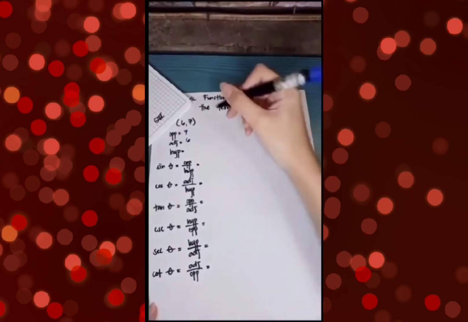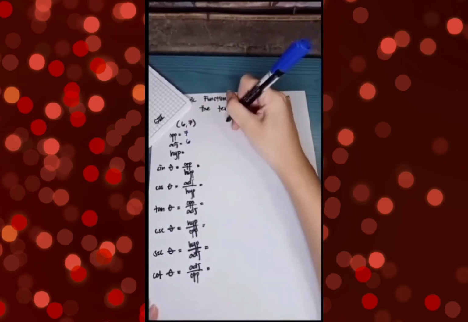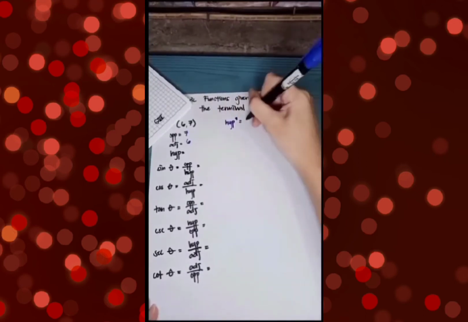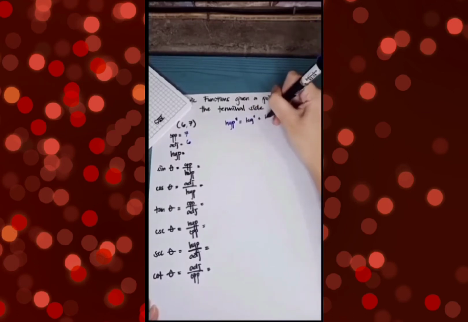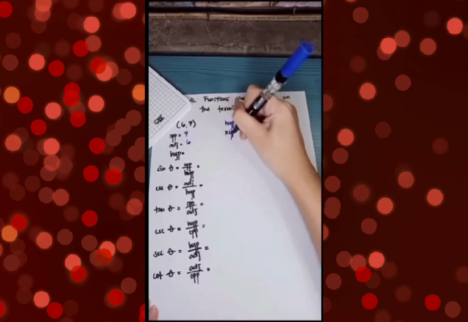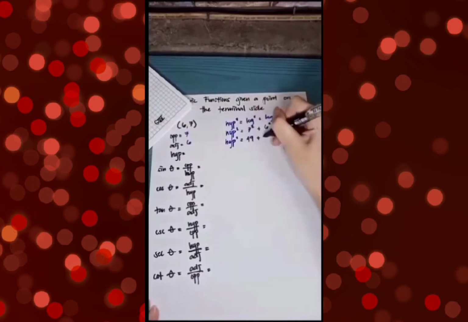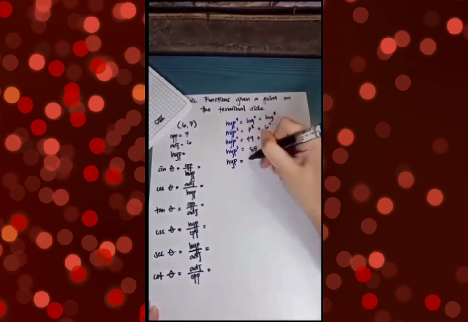Just like the first example, we will always use the Pythagorean theorem to find our hypotenuse. The formula will always be a squared plus b squared equals c squared, or in other terms, hypotenuse squared is equal to leg squared plus another leg squared. And in solving this, we have the answer of square root of 85.